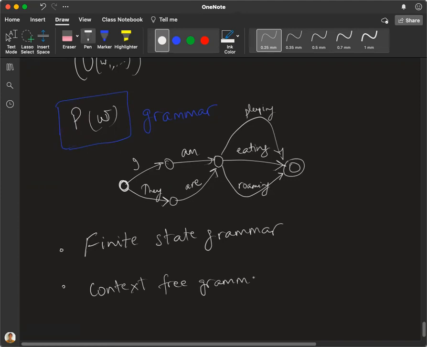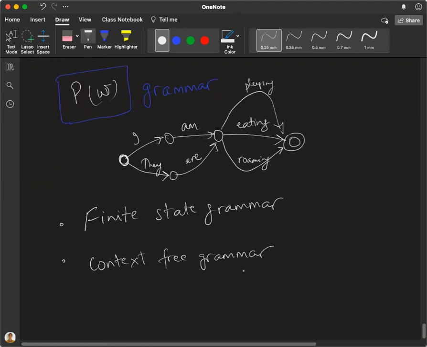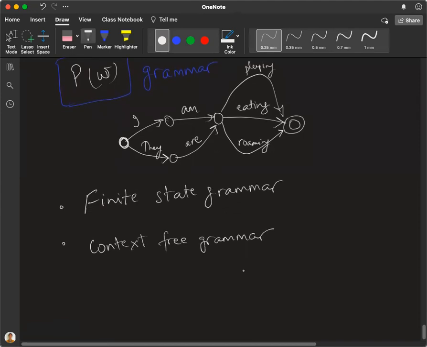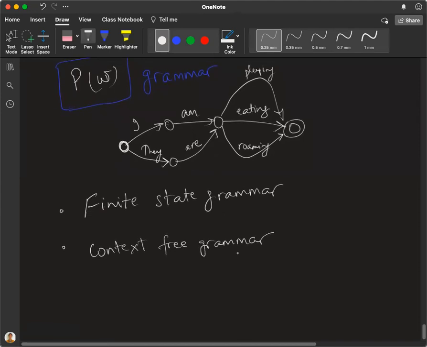So I can have context free grammar or context dependent grammar. The idea is that you can expand it. Let us say you will say, I am eating, or I am almost finished with my eating, or I am almost finished to describe how I am eating.